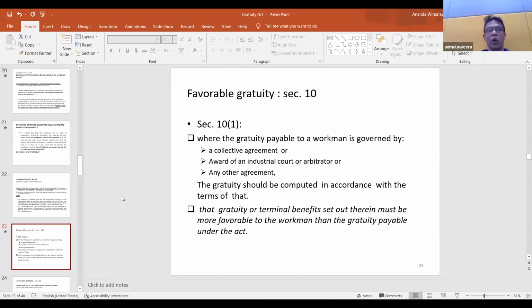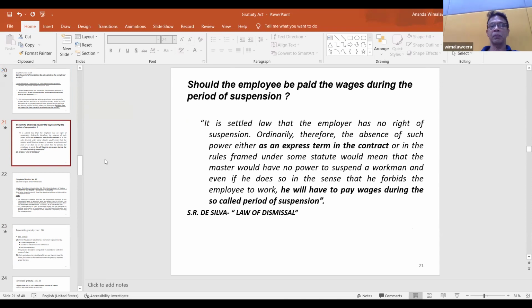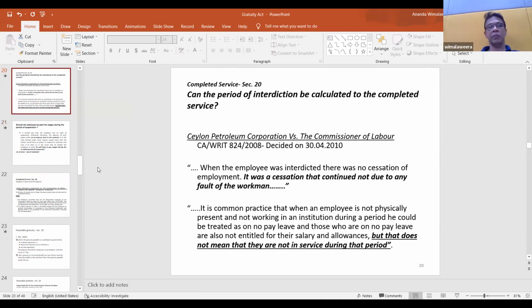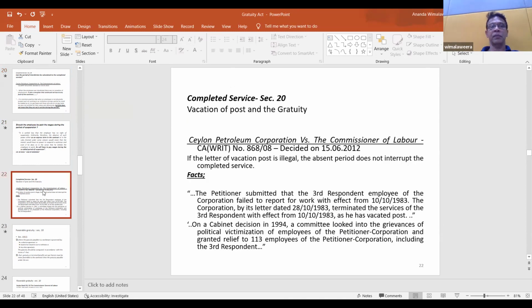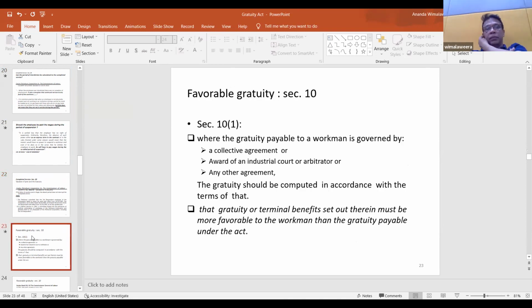Okay, next topic. Favorable gratuity. So, what do you mean by favorable gratuity?